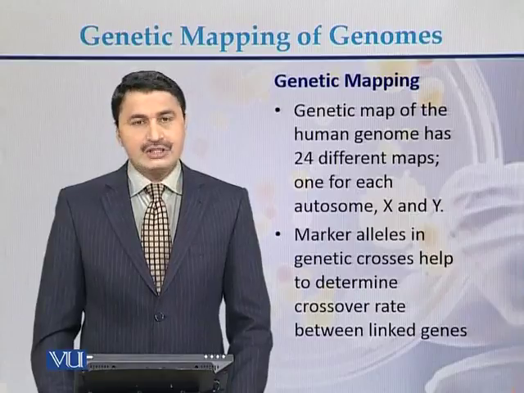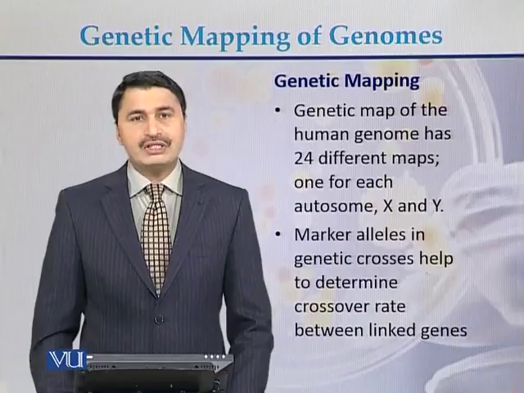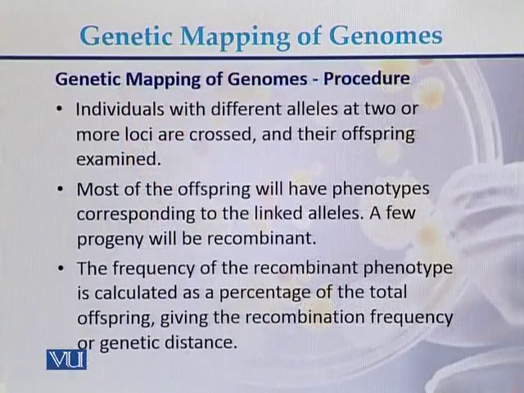Marker alleles in genetic crosses help to determine the crossover rate between linked genes. This is the procedure by which genetic mapping of genomes is performed. Individuals with different alleles at two or more loci are crossed and their offspring examined.